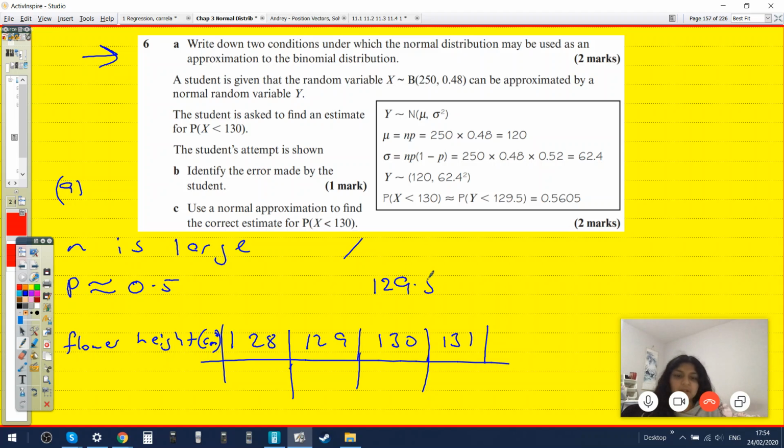So you only do it for group data and normal approximation? Yeah. Okay. But how would you know if it was group data? Would they tell? It's basically for continuous data. Okay. For continuous. That could be anything.